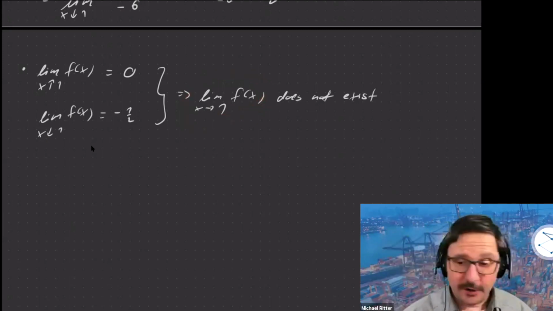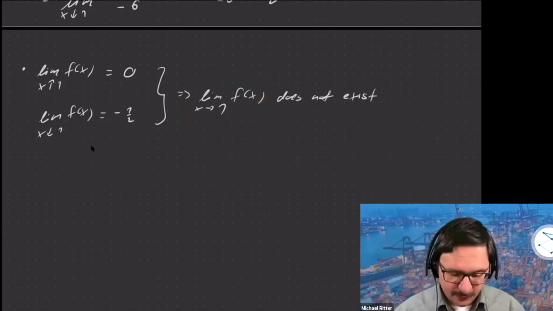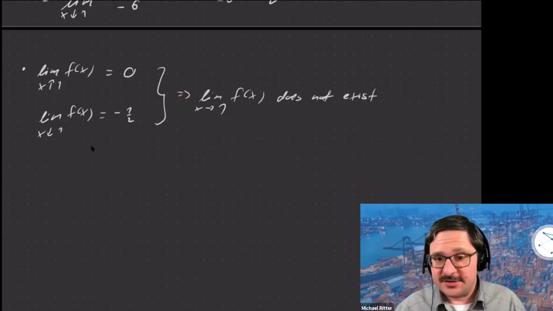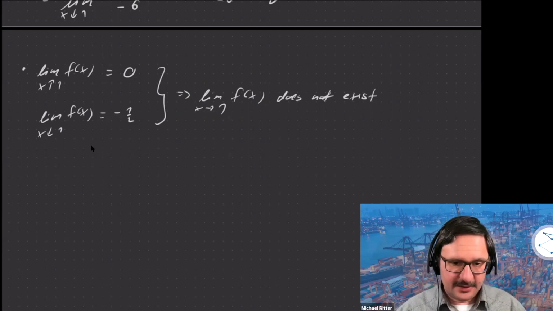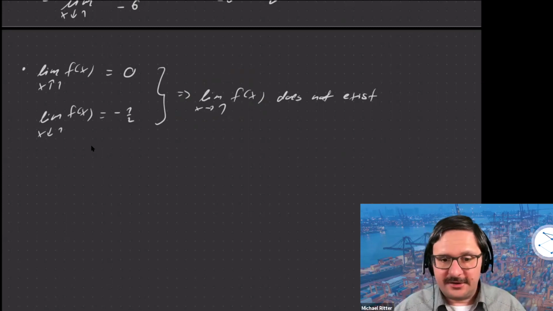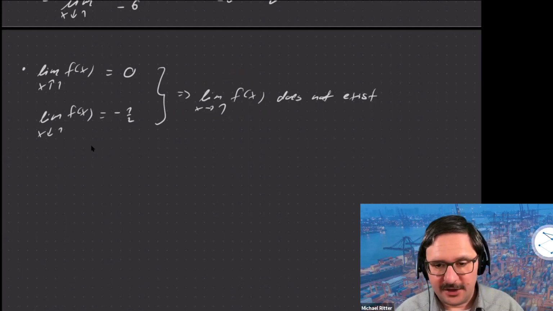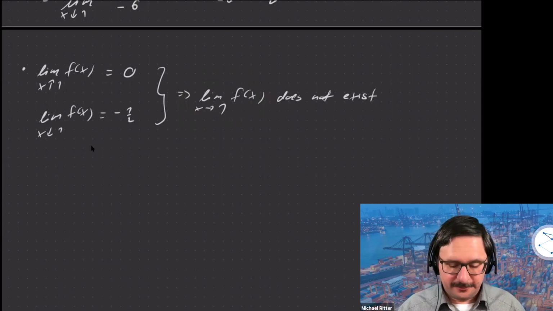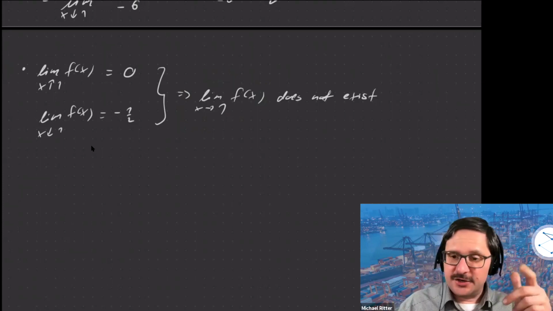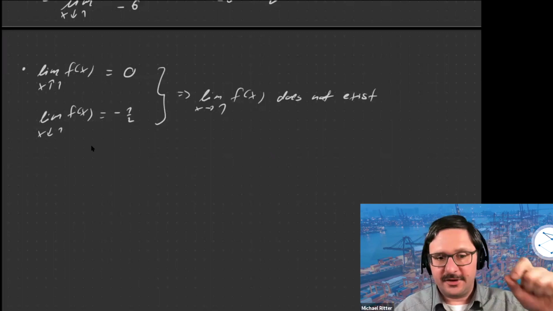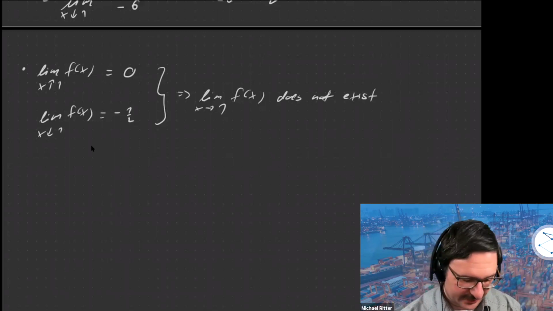And final question, continuity. Continuity would mean the limit has to exist and it has to agree with the function value. As this limit does not even exist, let alone agree with the function value, whatever we set it, this function is surely not continuous, and it is not possible to change it in a way to make it continuous at just this point here.